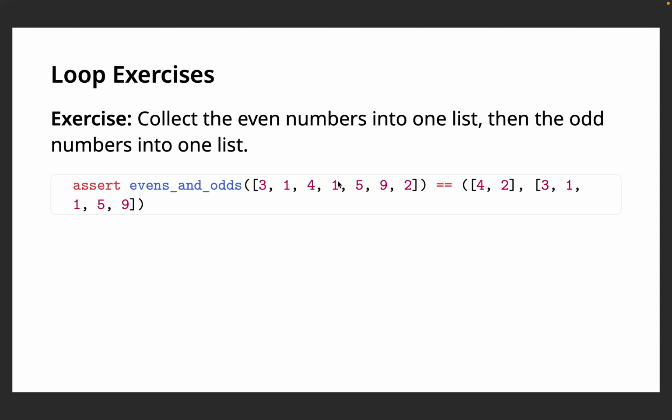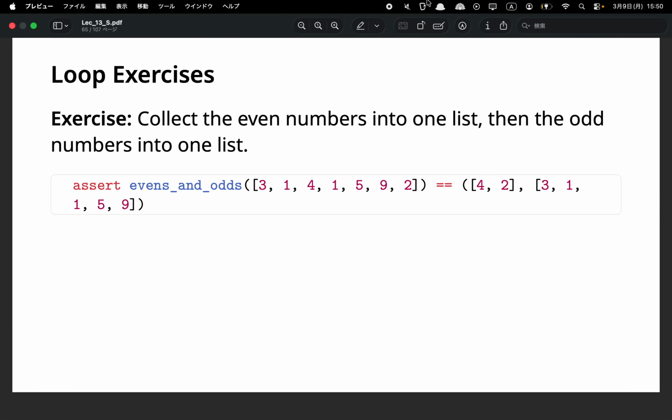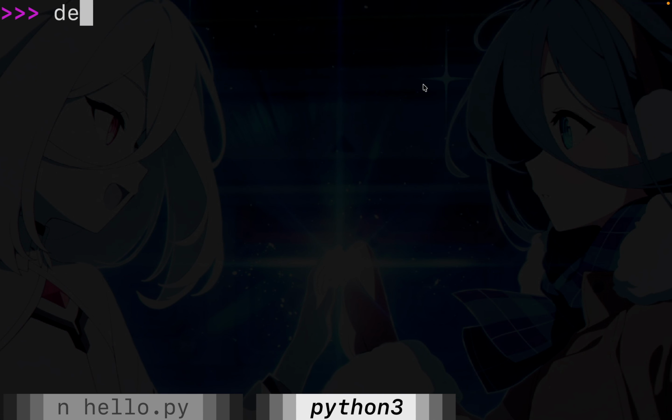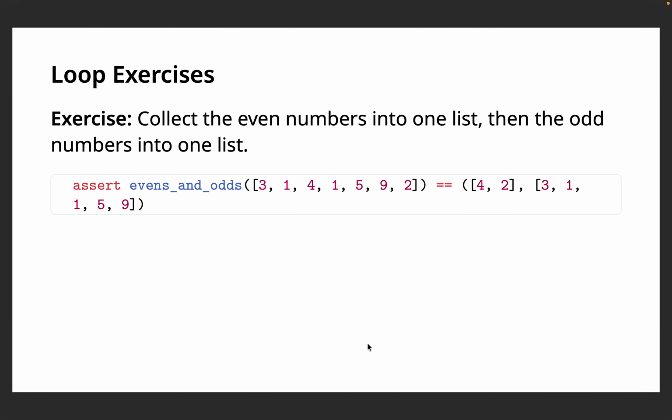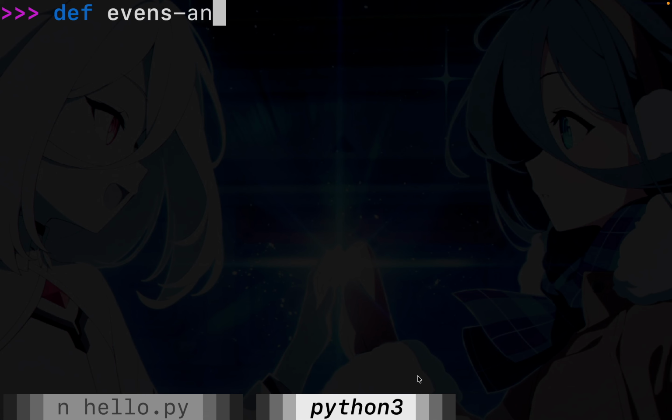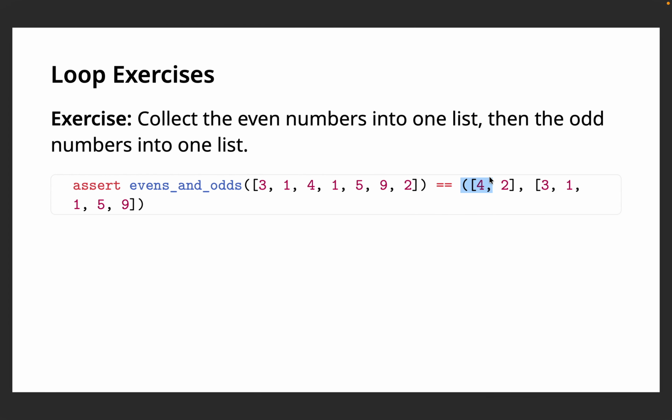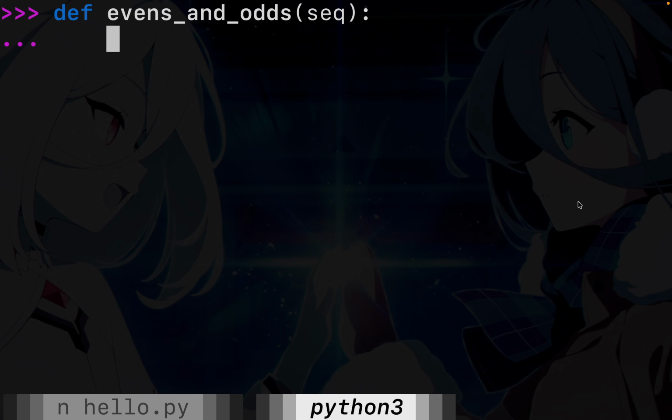Okay, what if we want to put our output into several different things? So for example, I want to separate the even numbers and the odd numbers, evens and odds of a sequence. For this, I want to build up two lists in the end. One for the evens, one for the odds. So what I can do is I start with two lists, evens and odds, equals two empty lists.